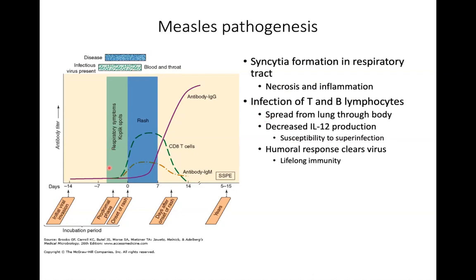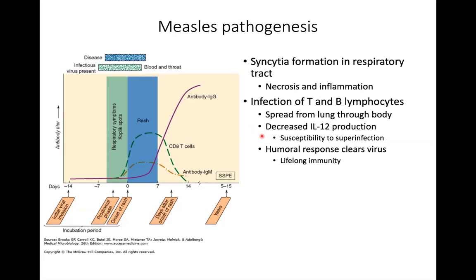All right, so if we look at our time here in our prodromal phase, we have our respiratory symptoms, our Koplik spots. Infectious virus is beginning to be present here. And then after a few days of that, the characteristic rash develops. So this is what we think of when we think of measles, the rash. So while these T and B lymphocytes are infected and the virus is spreading through the body, as we talked about with viral pathogenesis, measles results in the decrease of IL-12 production.